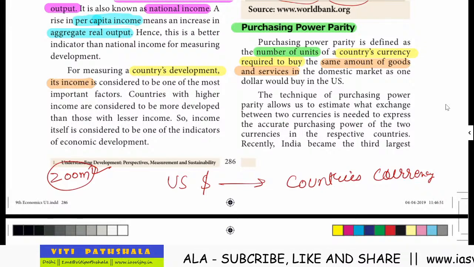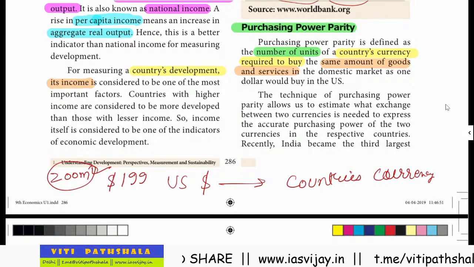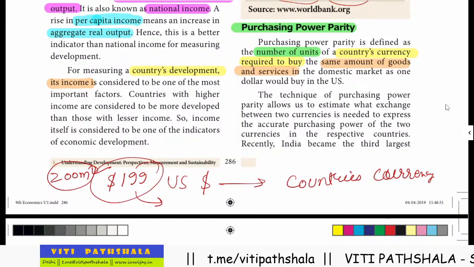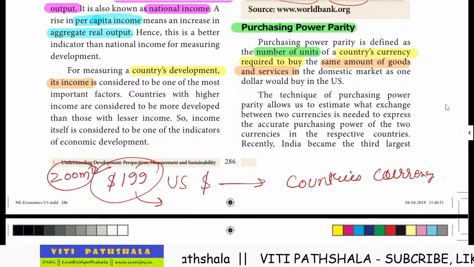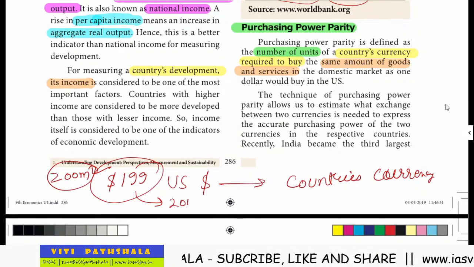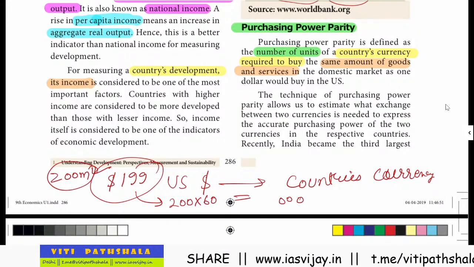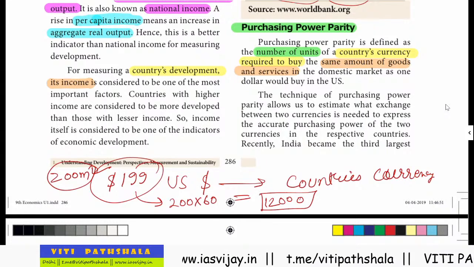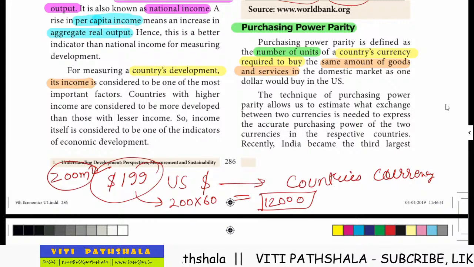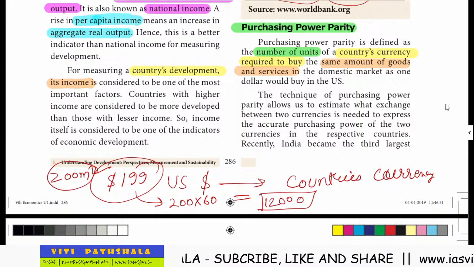Now the Zoom app subscription costs $199. So in India, if we convert it into rupees, approximately 200 into 60, so approximately 12,000 rupees you require to buy the subscription of the Zoom software.